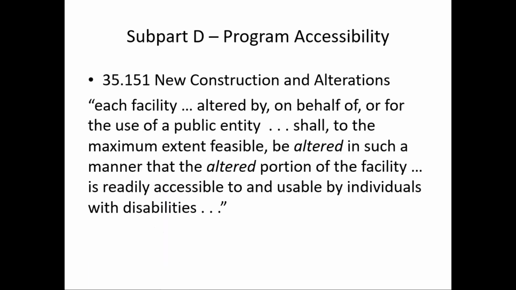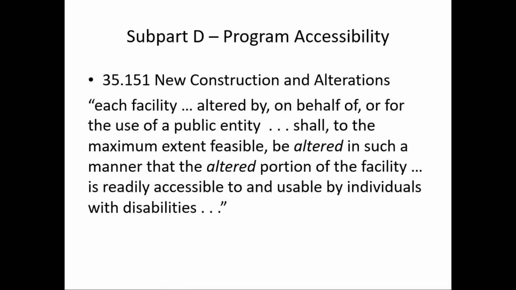What does subpart D say? Notice it's titled New Construction and Alterations. Each facility altered by, on behalf of, or for the use of a public entity shall, notice the word shall there, so this is not just a nice thing to do, it's a requirement, shall, to the maximum extent feasible, be altered in such a manner that the altered portion of the facility is readily accessible to and usable by individuals with disabilities.